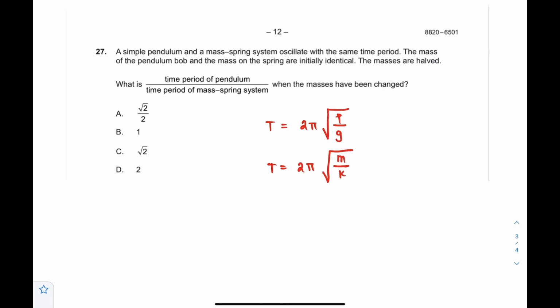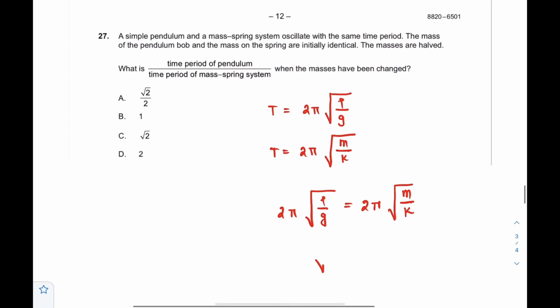And they are saying that the time periods are equal, so that means 2 pi root of L by g is equal to 2 pi root over m by k, okay? So from here we get that root of L by g is equal to root of m by k. We get this part, okay?